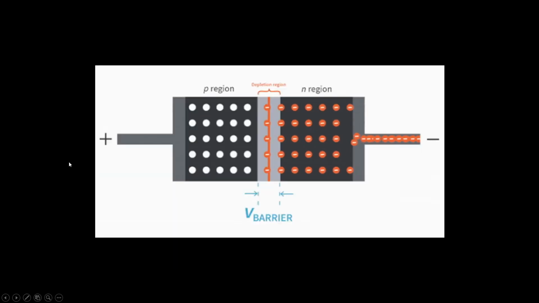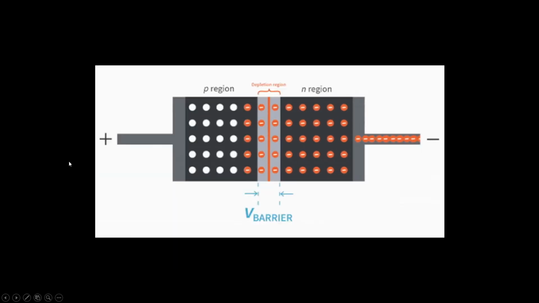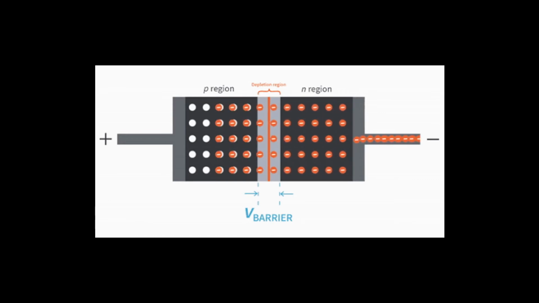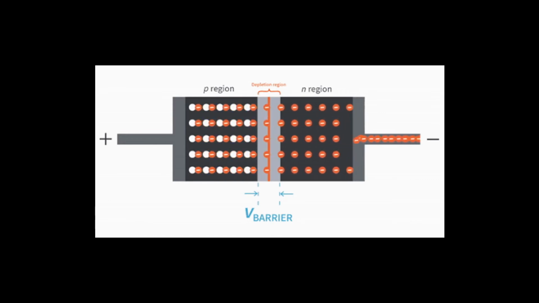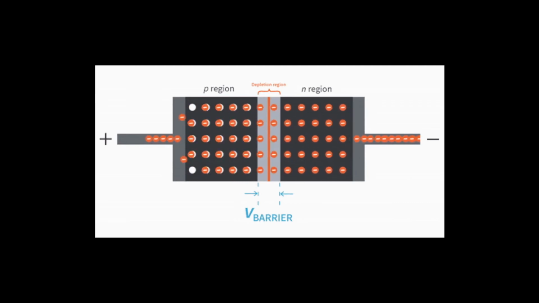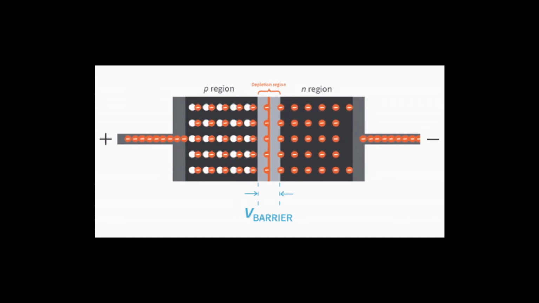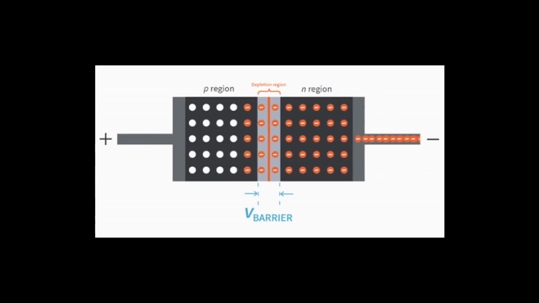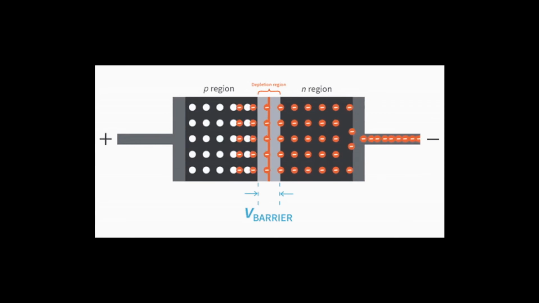Now, if we provide electricity where the positive terminal is connected to the p side silicon and the negative terminal is connected to the n-type silicon, the electrons of the n-type now have the energy to move across the boundary.